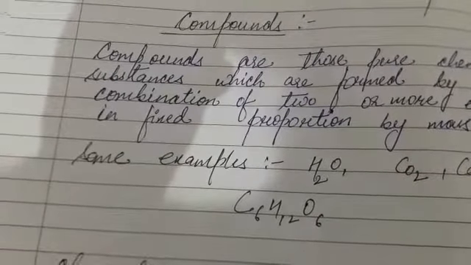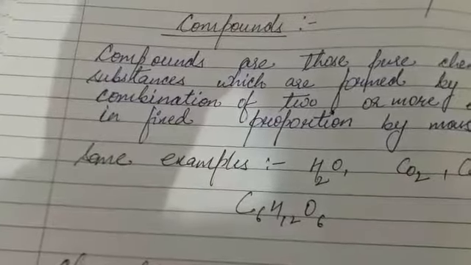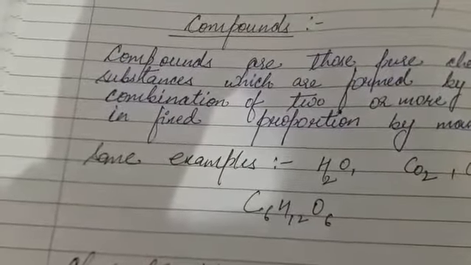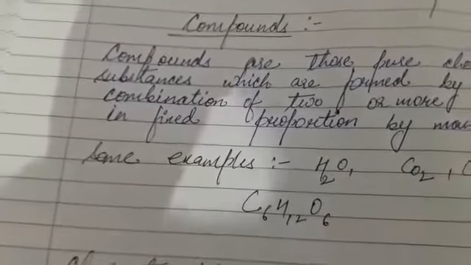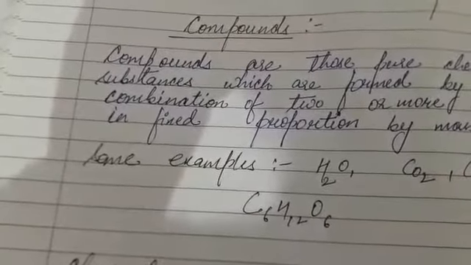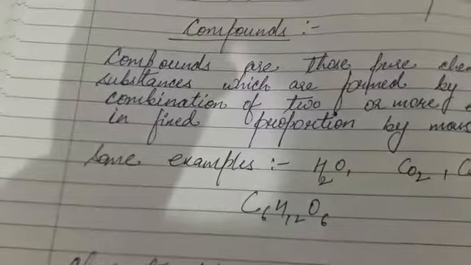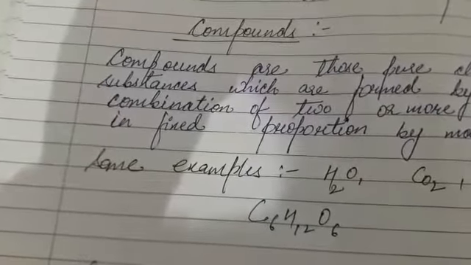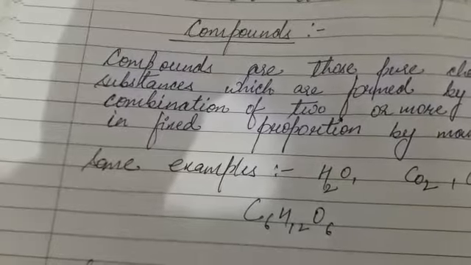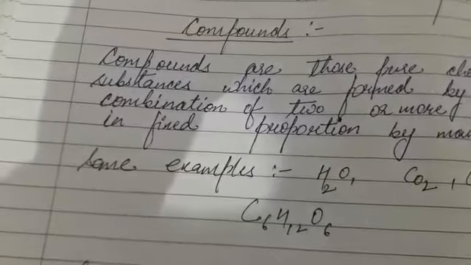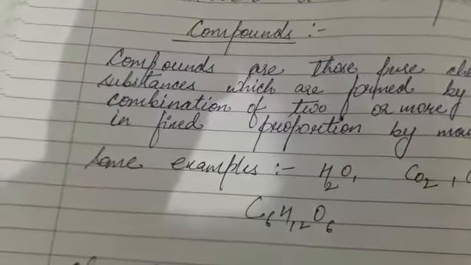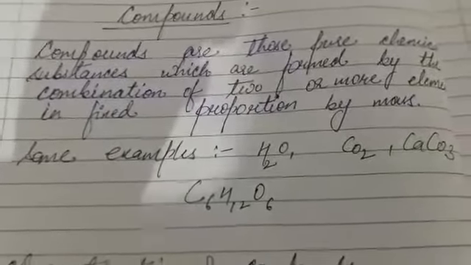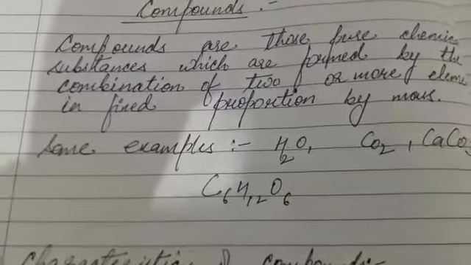The compound may be ionic or covalent on the basis of their nature of formation, how the bond is formed, with which metal or non-metal the bond is formed. The compounds that are formed due to transfer of electrons are called ionic compounds.